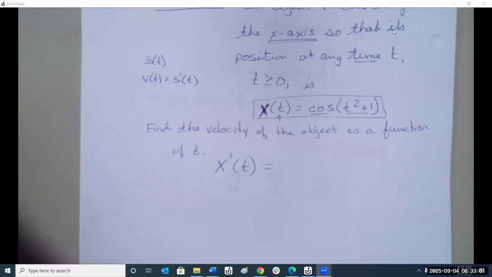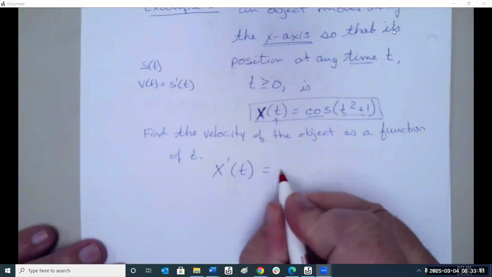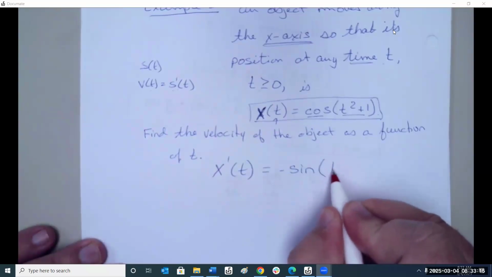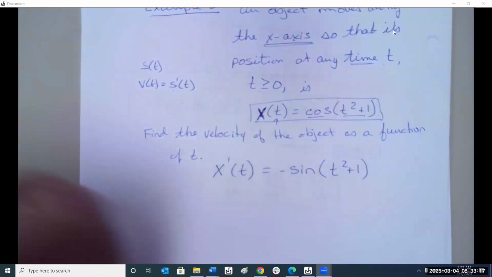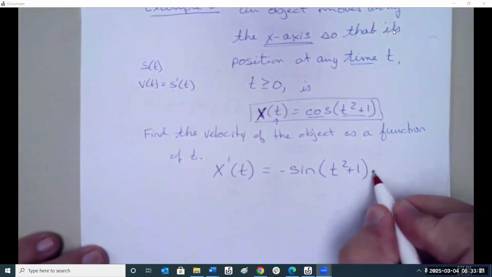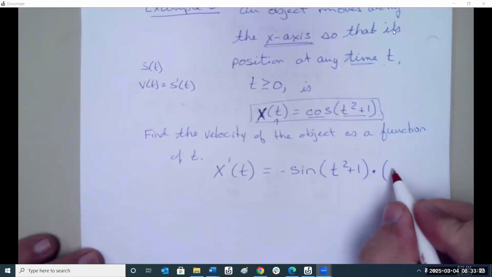So we put the derivative of the cosine. What's the derivative of the cosine? Negative sine. Leave the inside alone, times the derivative of the inside, which is 2t.